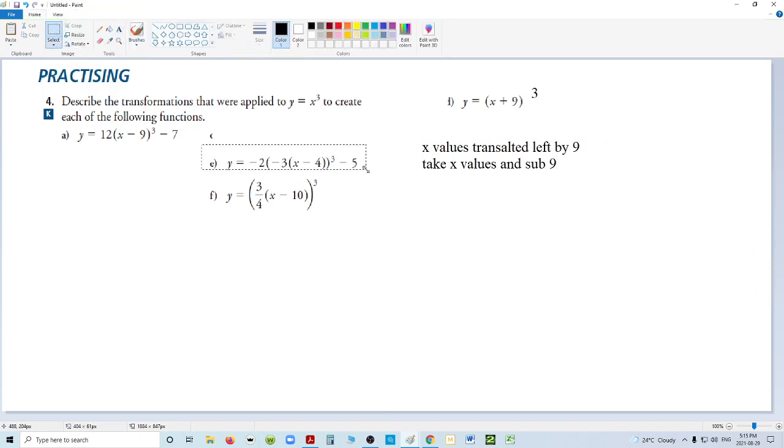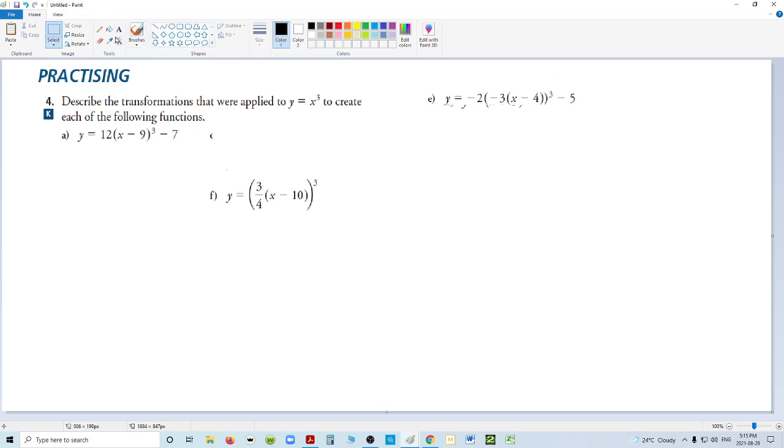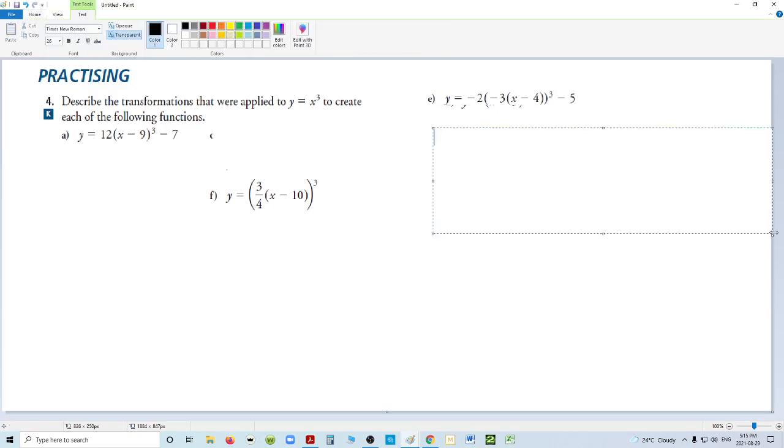They've done all the x translations properly for us. And they're just making it confusing. So how you describe it, the y stretch by 2, reflection in x-axis, that's the negative, and translated down vertically by 5. Sorry if I skipped the vertical before. Which means take your y values, multiply by -2, and then subtract 5 from them.